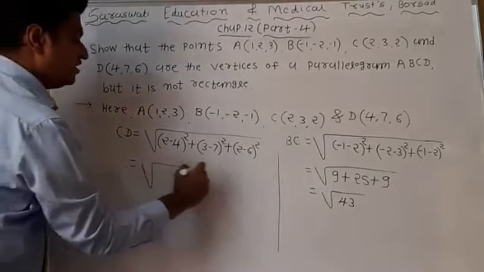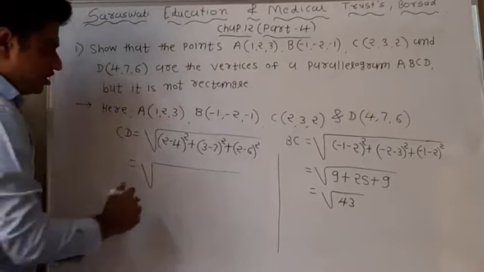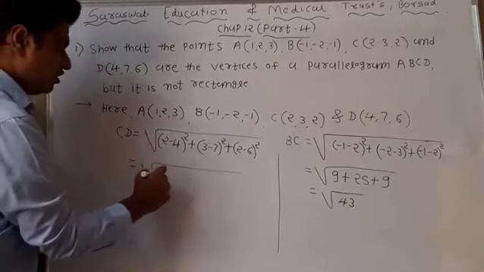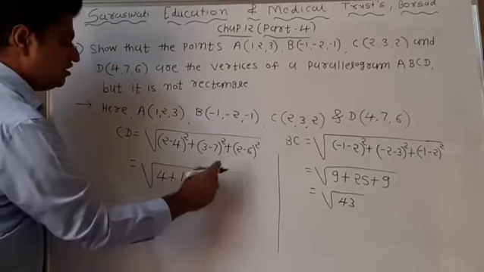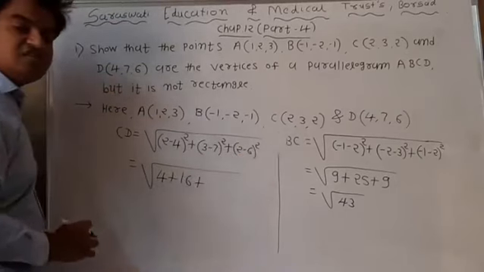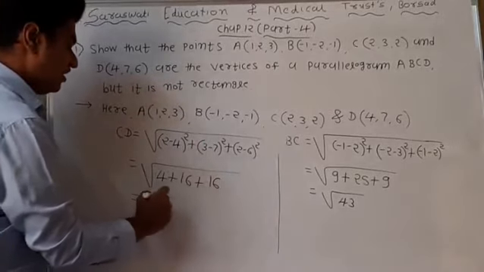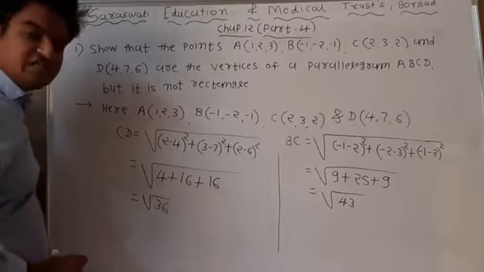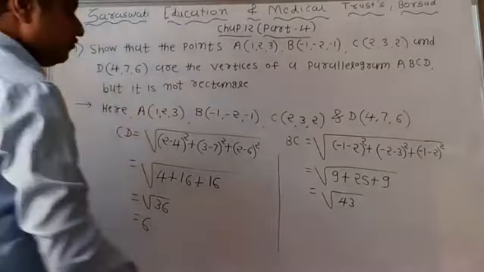So simplify this. It is equal to the square root of (-2) whole square 4, (-4) whole square 16, (-4) whole square again 16. Add these numbers, we get 36, and the square root of 36 is 6.